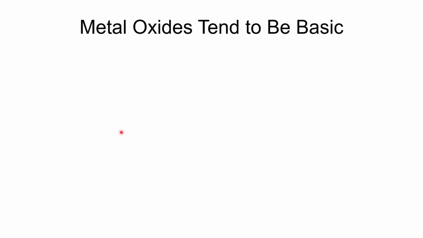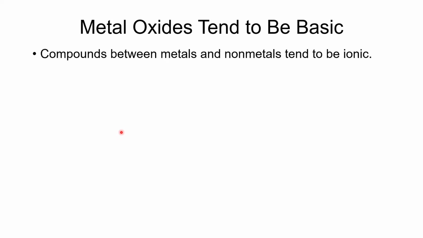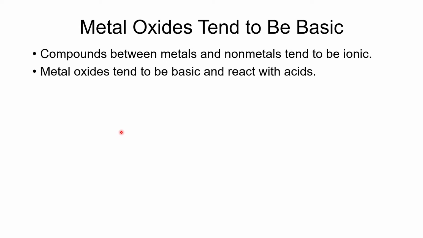So metal oxides tend to be basic, and in fact, they get more basic as you go further to the left and down on the periodic table. So compounds between metals and nonmetals tend to be ionic. I think we already said that. Metal oxides tend to be basic, and they will react with acids.